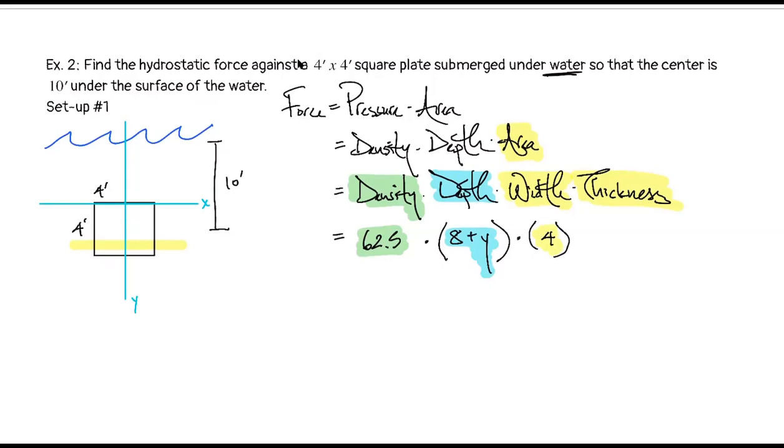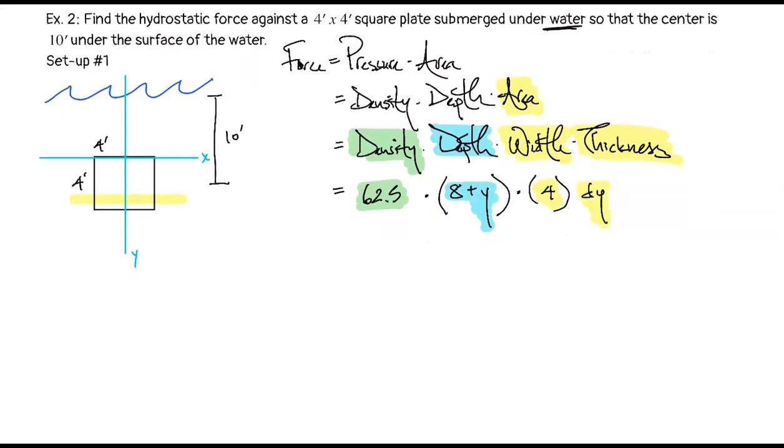And my thickness, because I'm stacking these rectangles along the y-axis, is just dy. So this 4 dy at the end takes care of the area of a single slice along my 4 by 4 square plate.